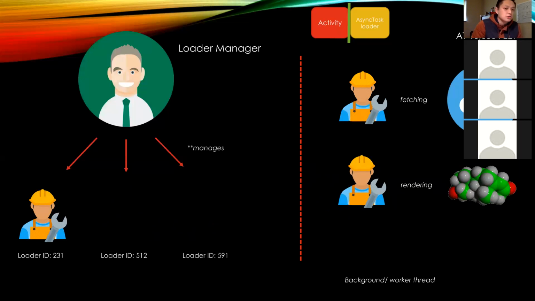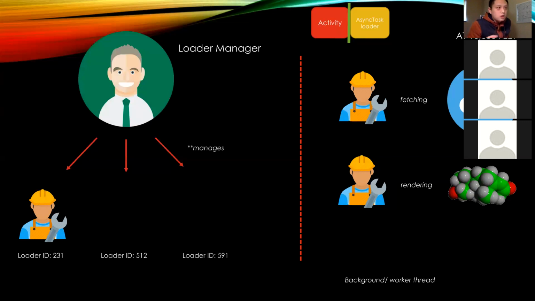The manager oversees those loaders, and the manager and your activity, they communicate. Okay, the manager and the activity communicate, not the loader and the activity. The loader and the activity don't communicate together. You only communicate between the loader manager and your activity, okay?